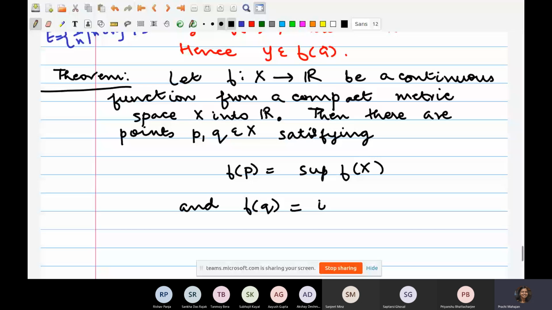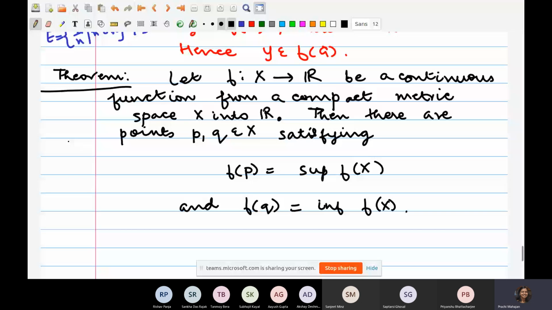What are P and Q doing? P and Q are points where the extremal values of f are realized, the maximum and the minimum of f.